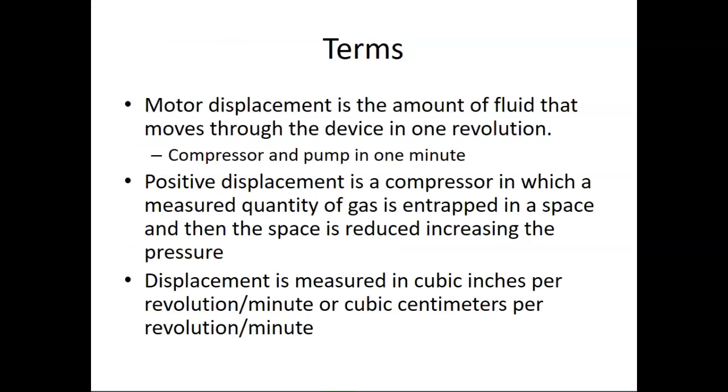So motor displacement is the amount of fluid that moves through the device in one revolution. For compressors and pumps, this is per minute. That's why we have CFM, which stands for what? Cubic feet per minute. And then you have GPM, which is gallons per minute.